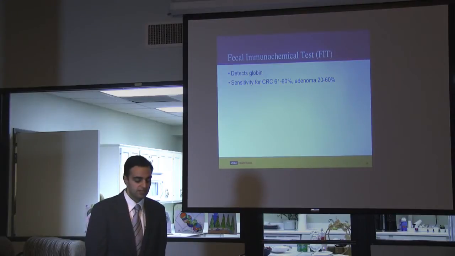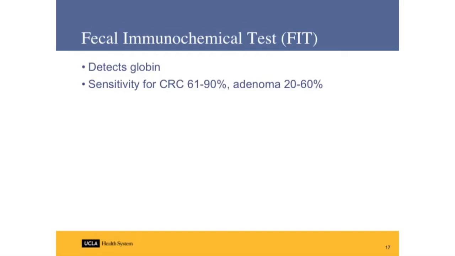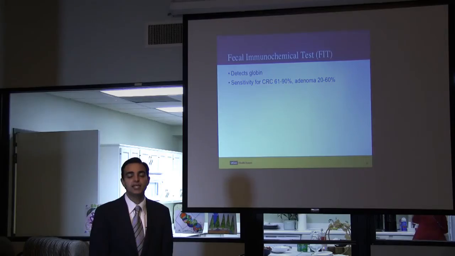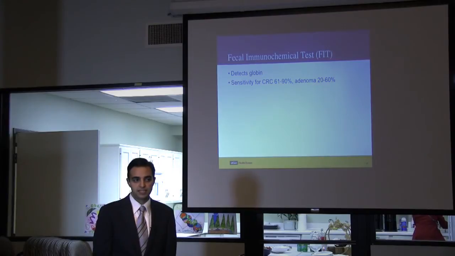There's a newer test, which is the fecal immunochemical test, which is more specific than the previously mentioned guaiac-based testing because it only responds to human globin. And so these tests don't detect any upper GI source of bleeding. They specifically detect bleeding from the colon.